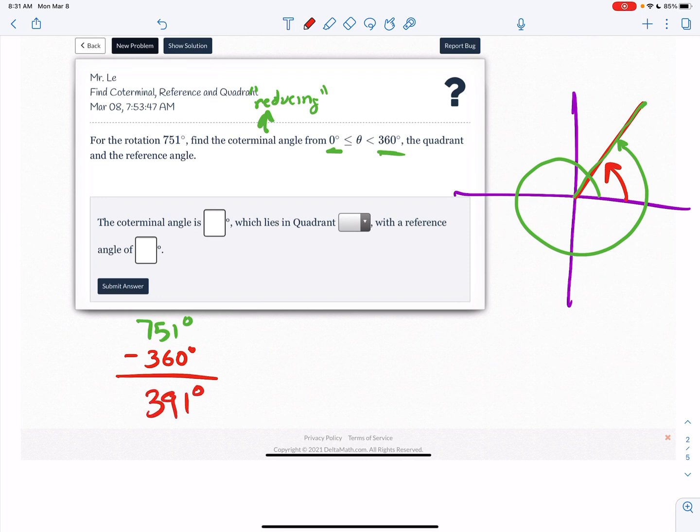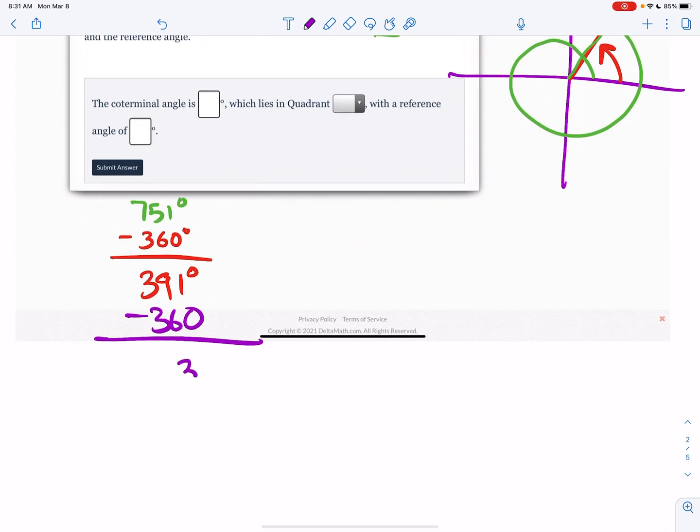Is 391 degrees somewhere in between 0 and 360? It isn't. So we reduce it again. We subtract another 360 degrees, and that gives me 31 degrees, which is definitely somewhere in between 0 and 360. So our coterminal angle is 31 degrees.